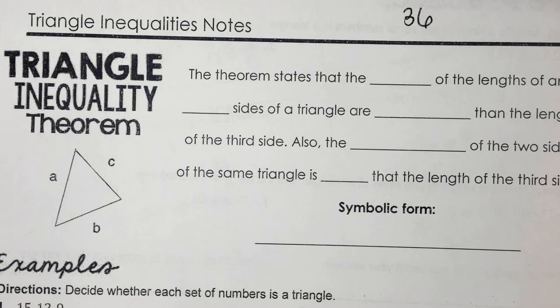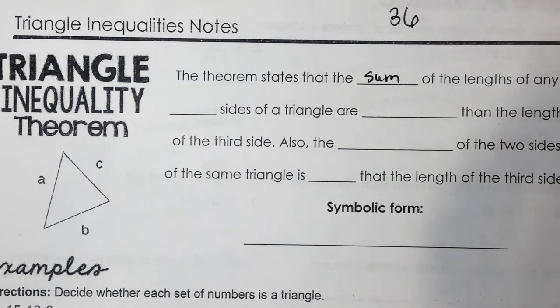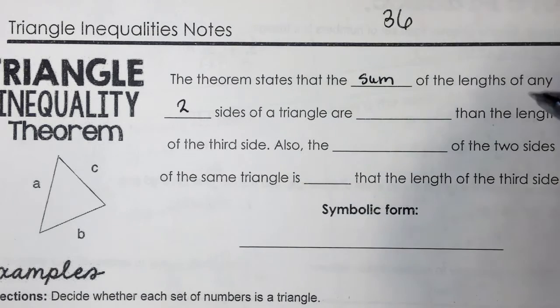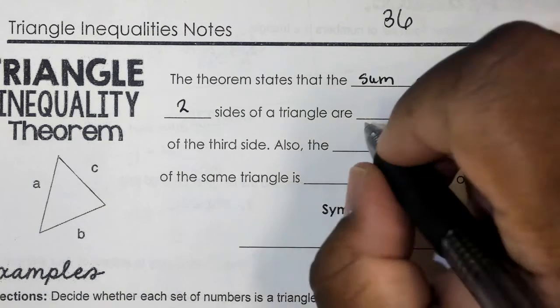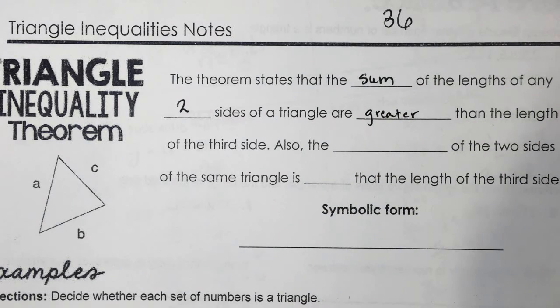Alright. This theorem states that the sum of the lengths of any two sides of a triangle are greater than the length of the third side.